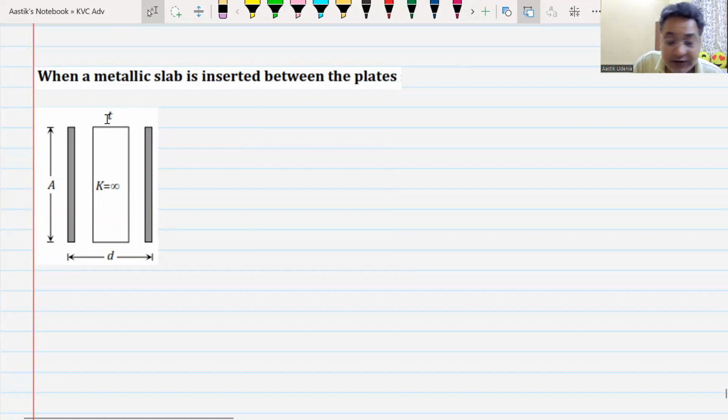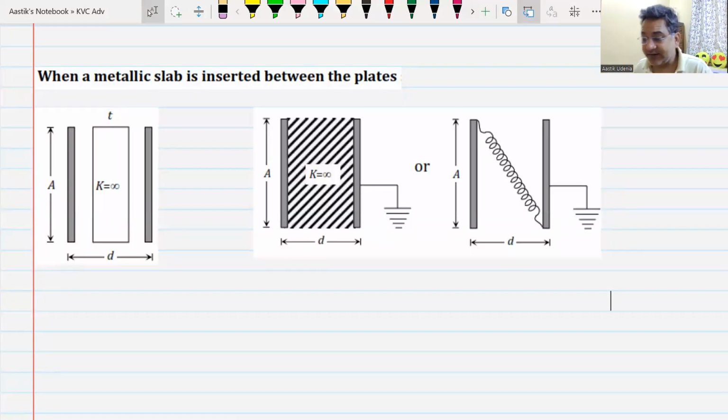On the left hand side you have case number 1 and in the right hand side you have case number 2. In case number 2 there are two cases given. In first case, the conducting material is completely filling up the space. In second case, there is just a wire which is connecting the two plates. So on the left hand side, you have a metallic slab which is not filling up the entire space.